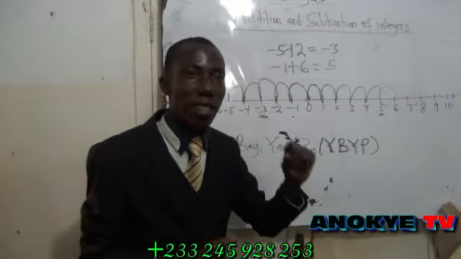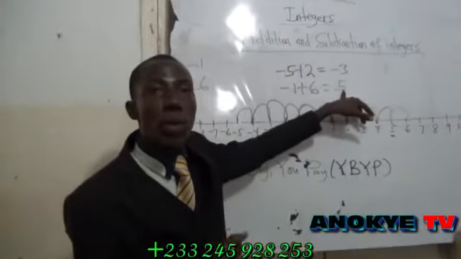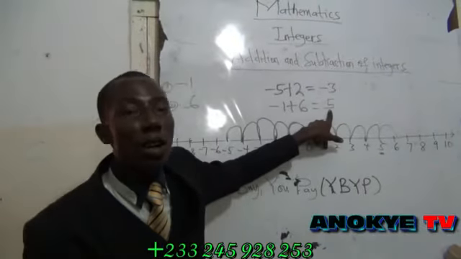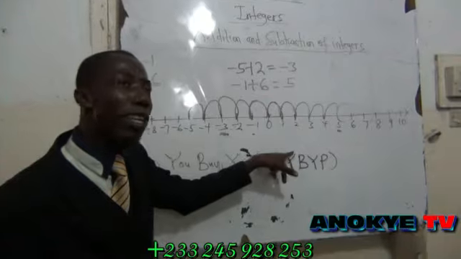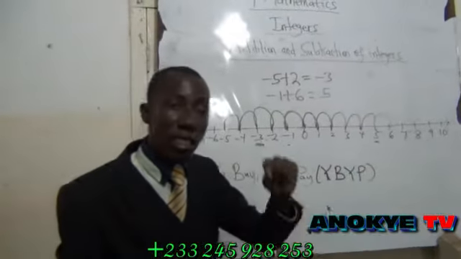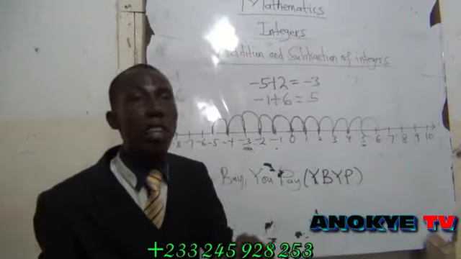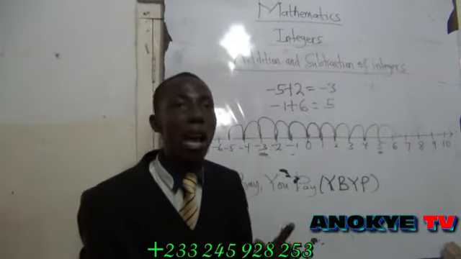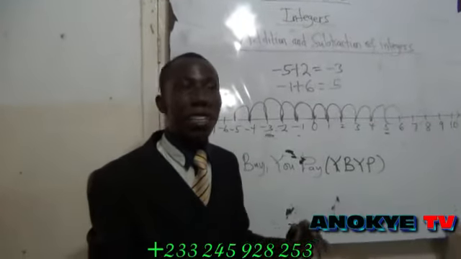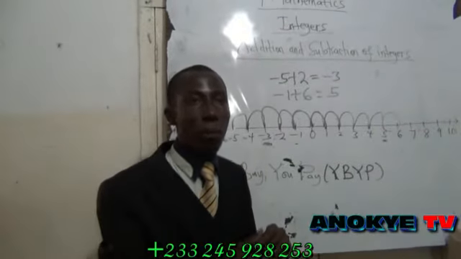Since she will give me a change, then my answer will be positive. That is why I have +5. So those of you who always want to use the second one, as I said, if she tells you you still owe her, then your answer must be negative. If she gives you a change, then your answer must be positive. Let us look at another example.